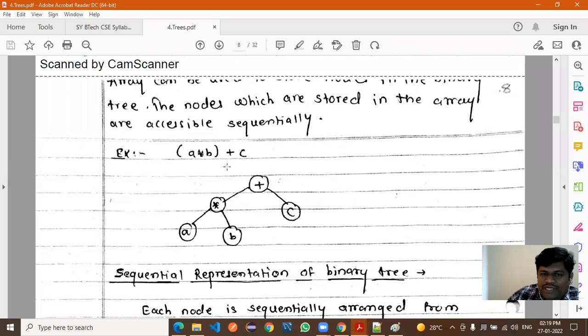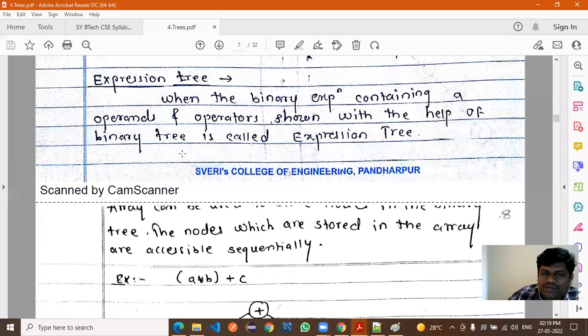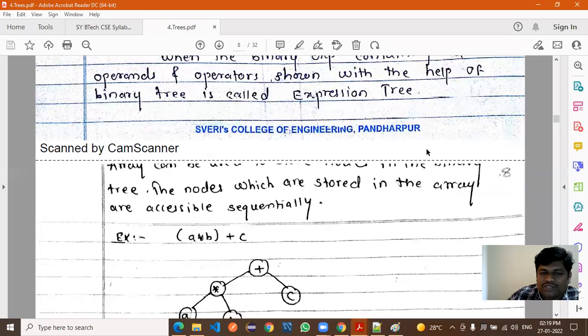At the left side, the star will be the left child of the plus, and at the right, C is the other child. Now the multiplication has two children: A as the left child and B as the right child, right? In this way, when a binary expression containing operands and operators is shown with the help of a binary tree, it is called an expression tree.